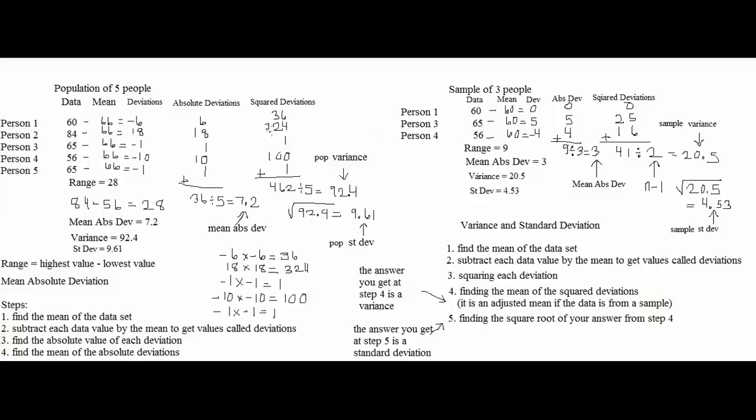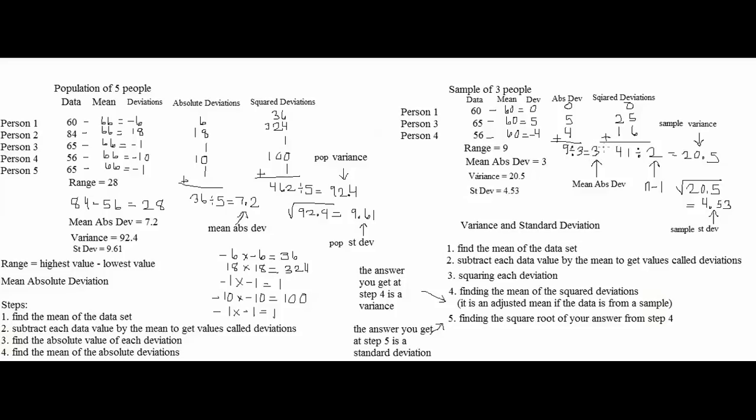The same thing with the sample. The mean absolute deviation right here is the literal average distance from each number to the mean, because if you take these numbers right here, the absolute deviations, and you average them to get the average of 3, you get the average distance from each data value to the mean.